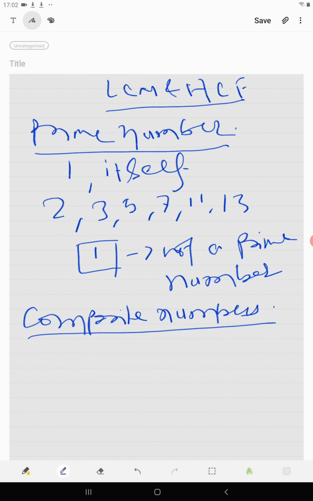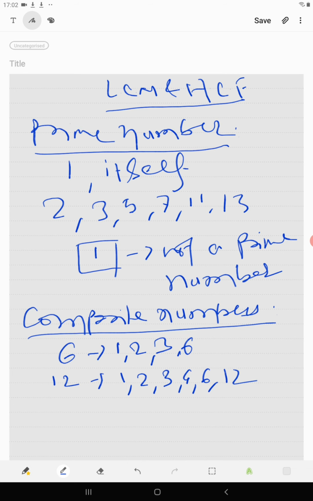For example, take the example of 6. 6 has factors 1, 2, 3 and 6. Similarly, 12 has factors 1, 2, 3, 4, 6 and 12. So these are called composite numbers, which have factors other than 1 and itself.